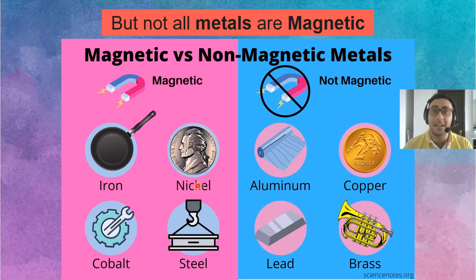Nickel is magnetic, but copper is not magnetic. Cobalt, which is used for screws and some stuff like that, is magnetic, but lead is not magnetic. Steel is magnetic, but brass is not magnetic. So as you can see, not all metals are magnetic. Some of them, such as iron, nickel, cobalt, and steel, are magnetic.